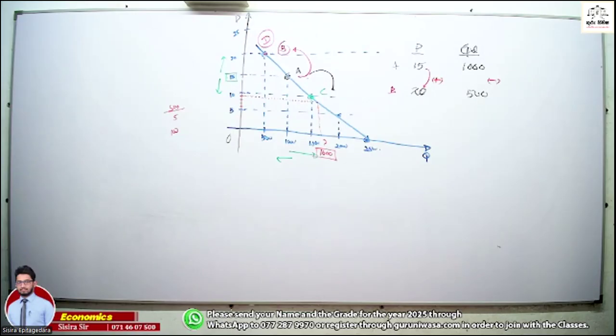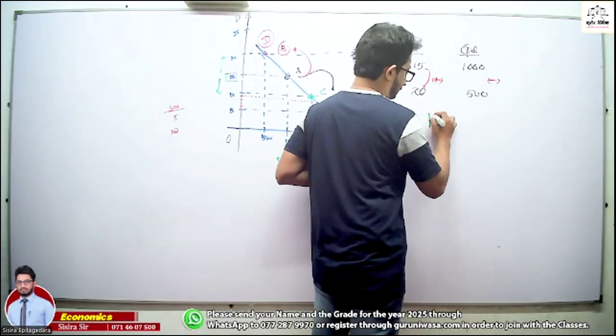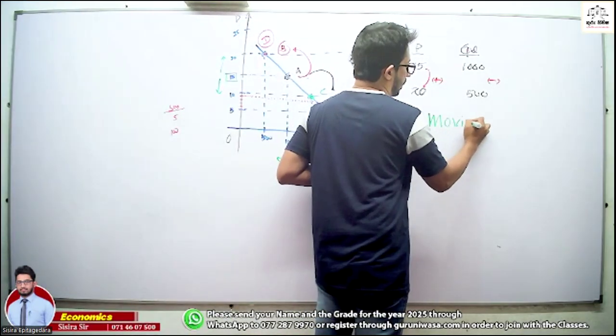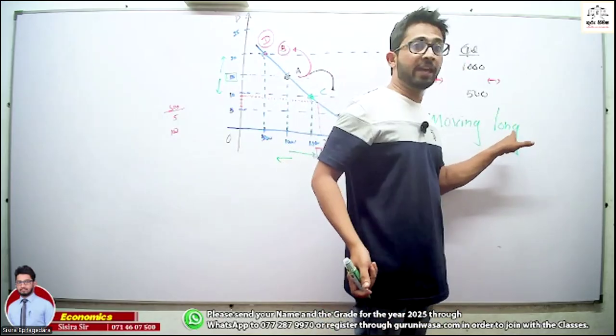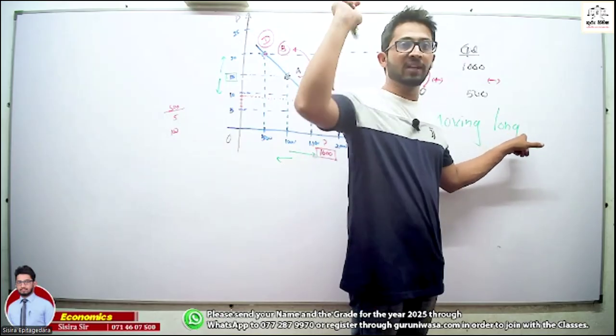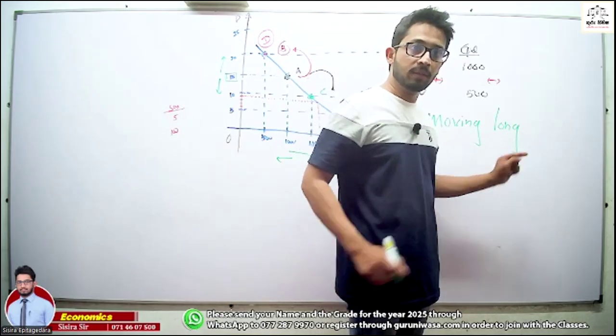Then we can conclude that the moving of points along the demand curve is caused by only one reason. What is that reason? Be careful, not A-L-O-N-E, which means another word. This is along, right?